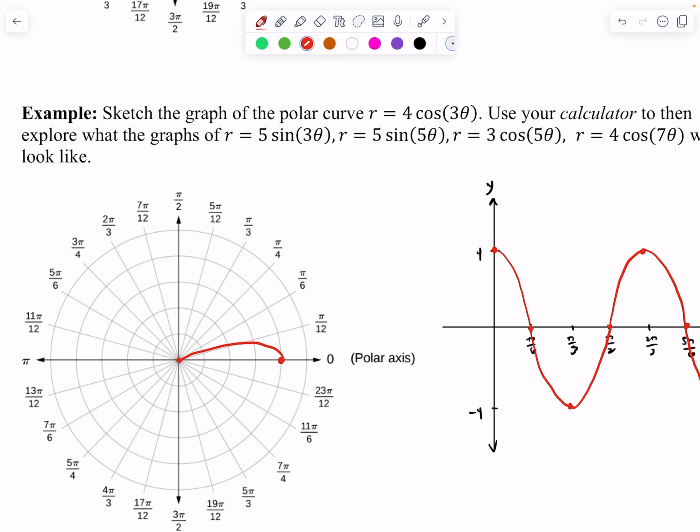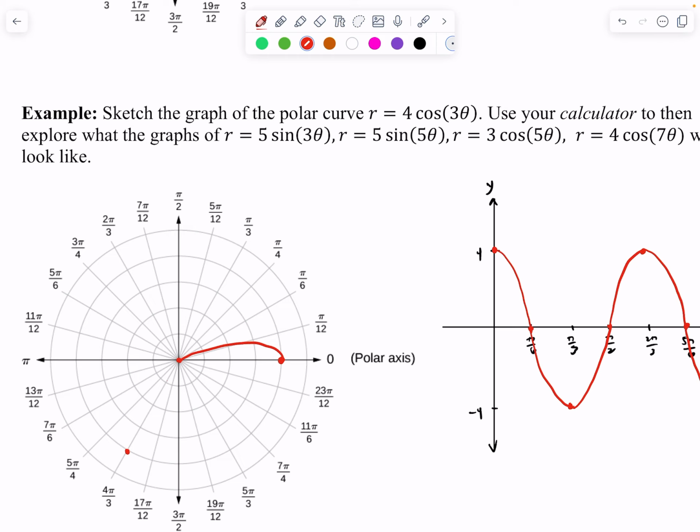At pi over 3, r would be out here, 1, 2, 3, 4.